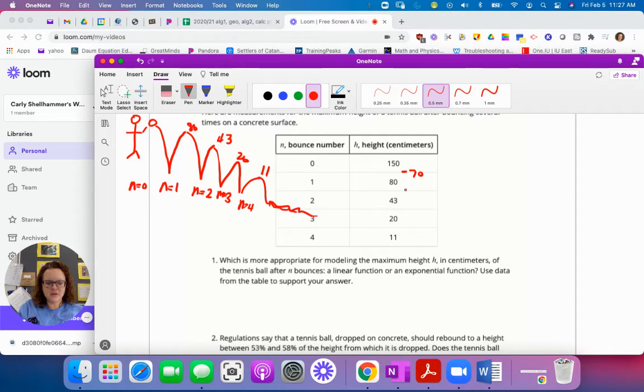So 150 minus 80 is 70. 80 minus 43 is 37. 43 minus 23, those are not consistent. The differences are not the same, therefore it's not linear.